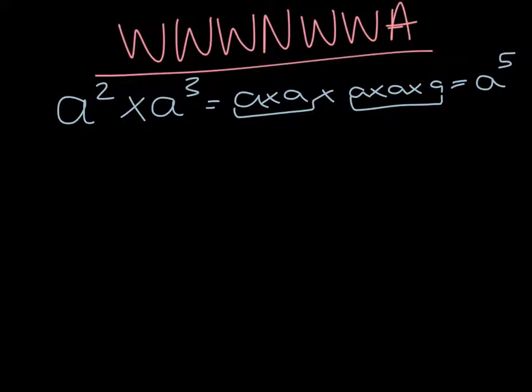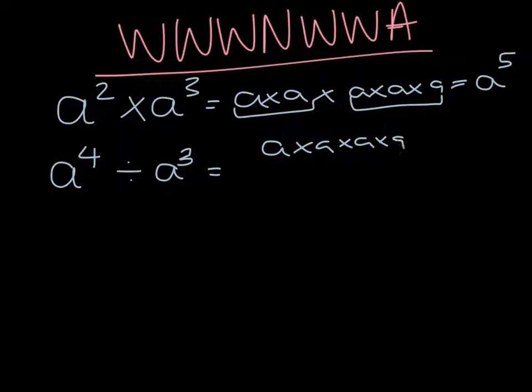Division, a to the power of 4 divided by a to the power of 3. We've got a times a times a times a divided by a times a times a.